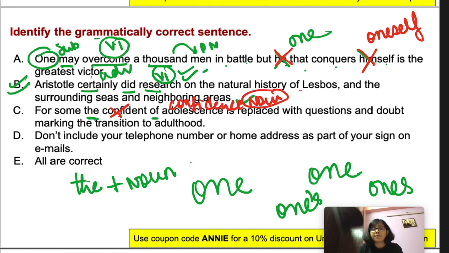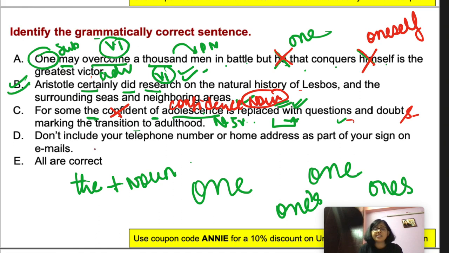Now, of is a preposition. After a preposition you need an object of the preposition, so this is a noun. Confidence is a singular noun, so a singular verb has been used. Replaced is always followed by with, so this is correct, with questions and doubt, marking the transition to adulthood. Here doubts should be used to maintain parallelism.